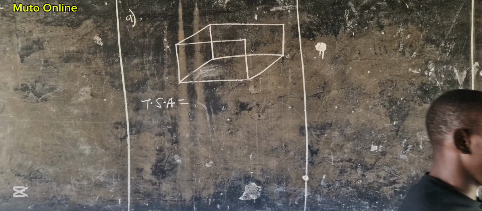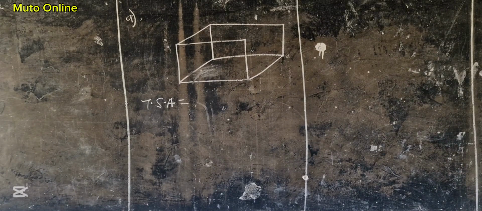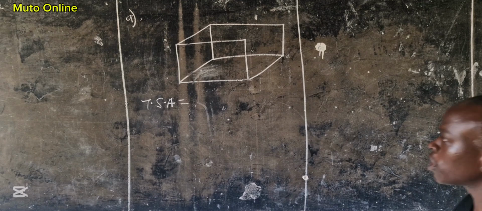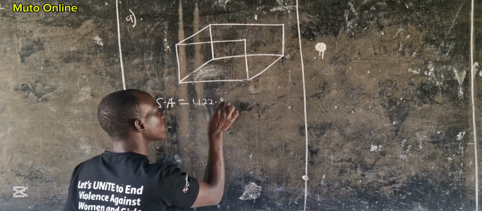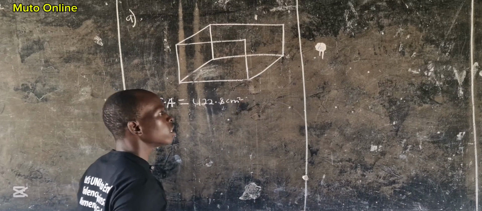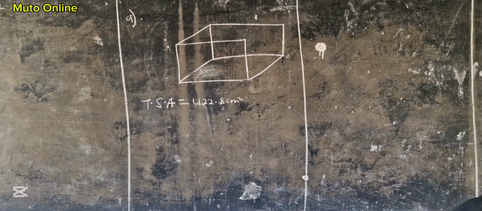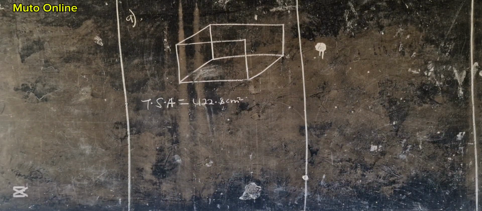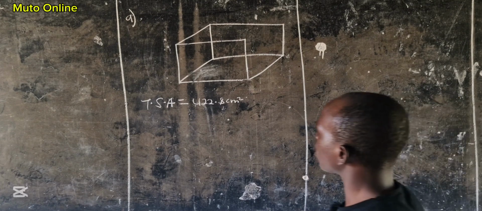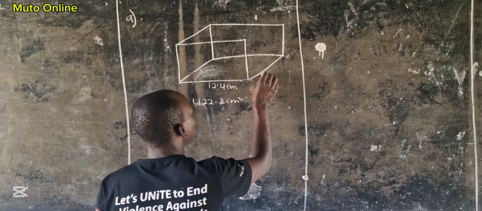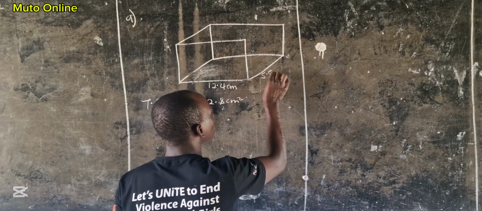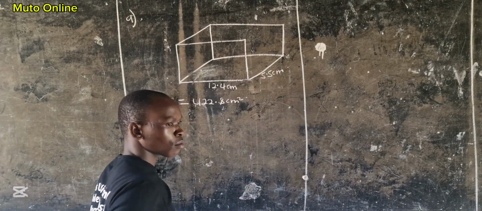The total surface area of the material is given as 422.8 centimeters squared. Then they've also given us the length as 12.4 centimeters and width as 5.5 centimeters.